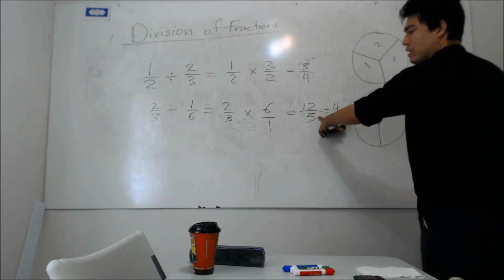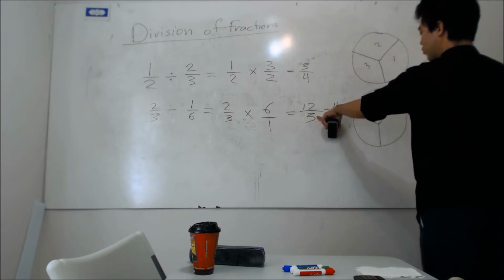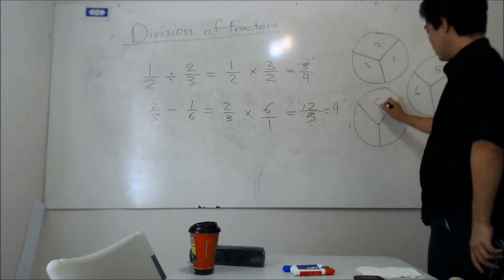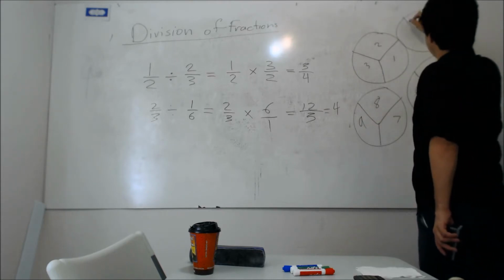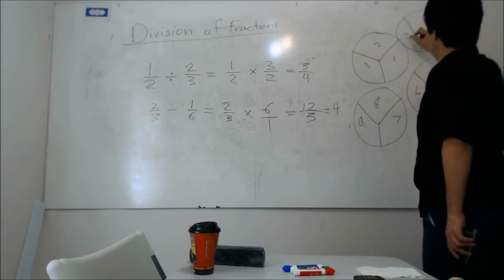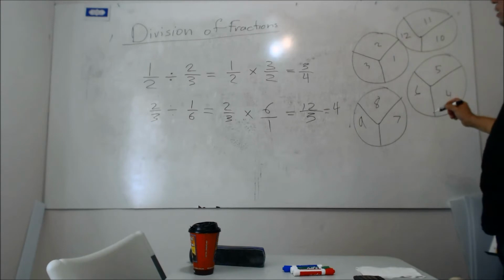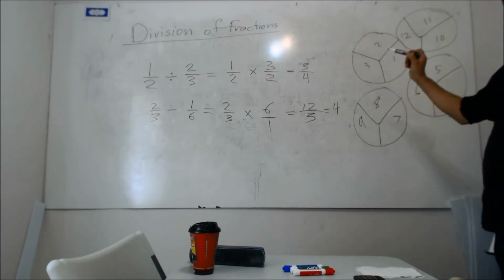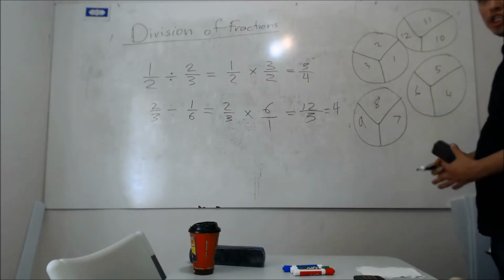They're divided into 3 because that's how many parts the whole has been divided into. 7, 8, 9. We're not there yet. Finally, with our 4th pizza, we get 10, 11, 12. So now we know that we need 4 pizzas to have 12 slices of pizza that are each 1/3 of the original pizza.